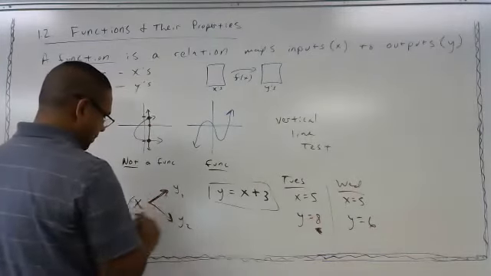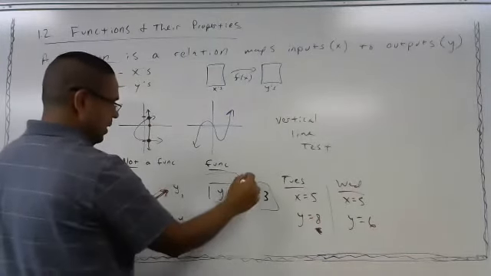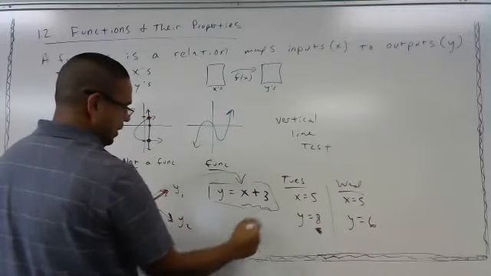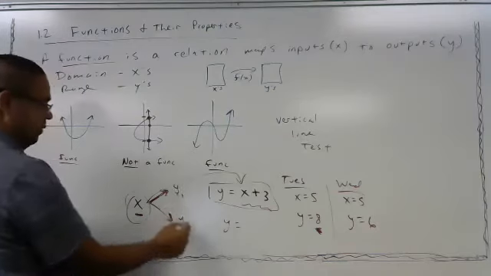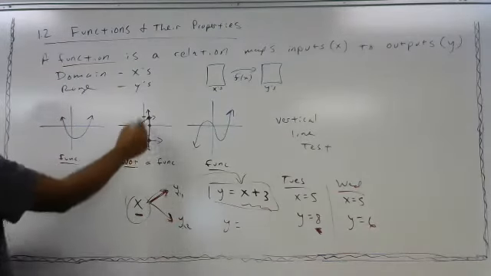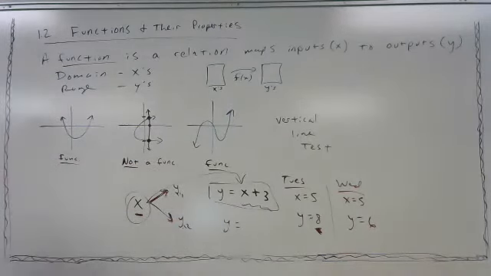If I take an x value, throw it in here, and I do something, then I can only get one y value. I can't get two different y values. If I do, then it's not a function. It's a relation, but it's not a function. Okay, so make sure you put that back in your brain. I know it was a long summer, you forgot. At some point in Algebra 2, you knew this.